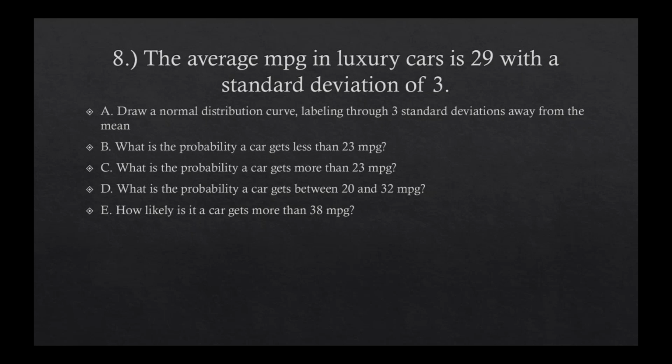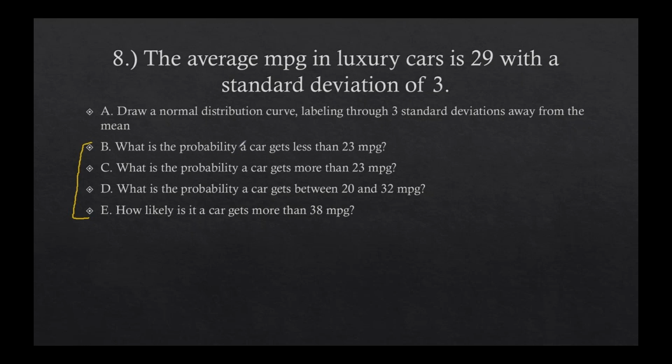What is the probability a car gets between 20 and 32 miles per gallon? And how likely is it a car gets more than 38 miles per gallon? So the purpose of that curve with all the numbers is that using the empirical rule, we can answer these questions. Without the empirical, there's another way to do it. That's section 15. But for some cases, the empirical rule can be used.